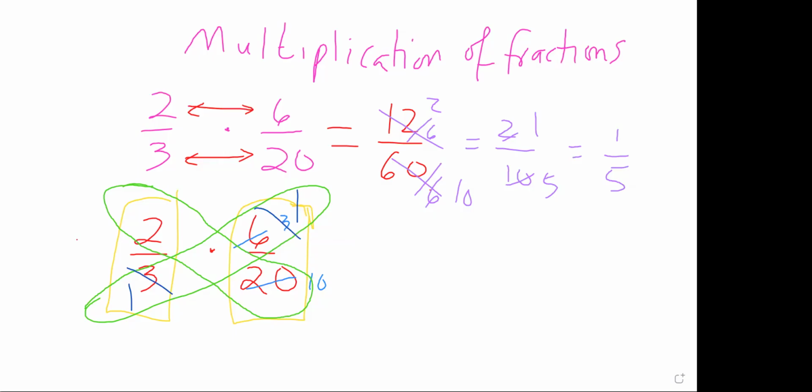And then I'm going to look at the 2 and the 10 as well. That I could also simplify with the 2. 2 will go into 2 one time, and 2 will go into 10 five times.